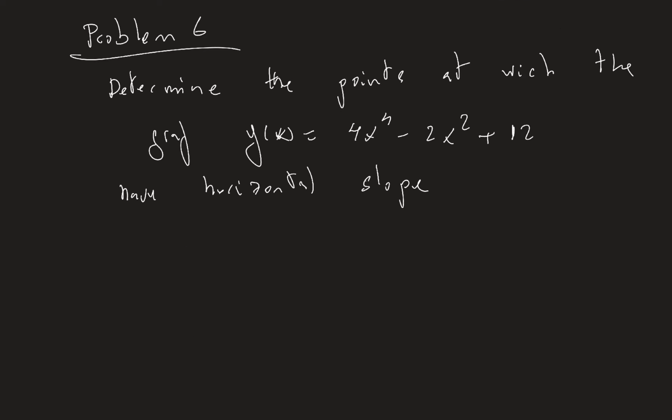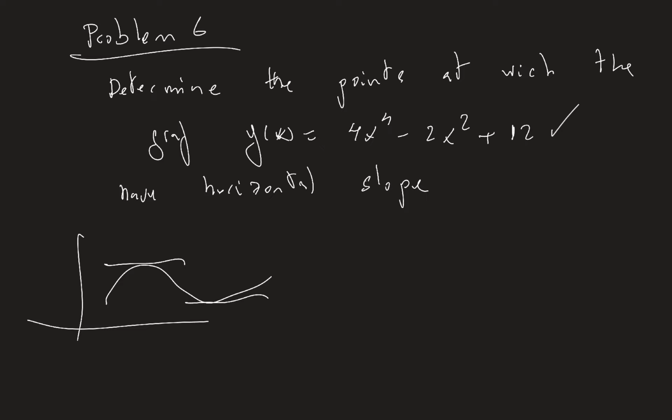Okay, now problem 6 says: determine the points at which the graph of the function, let's say this function, has a horizontal slope. A graph of a function has a horizontal slope when the derivative is 0.